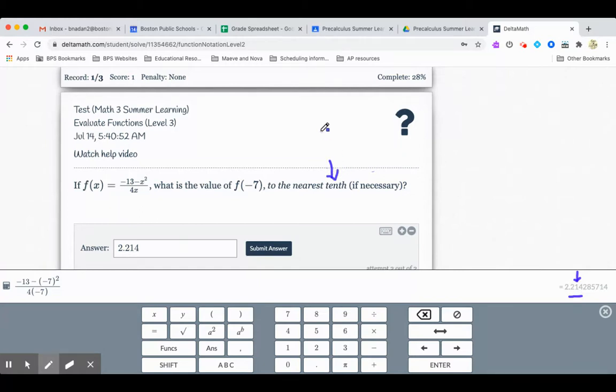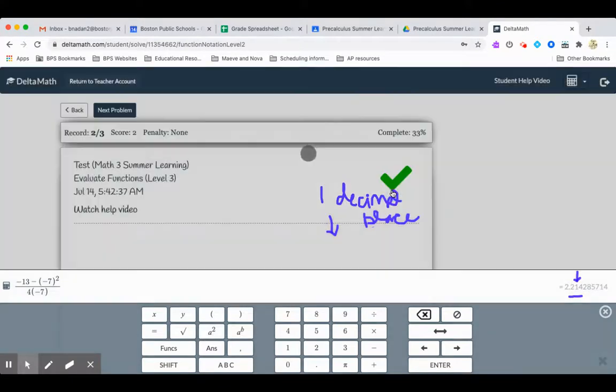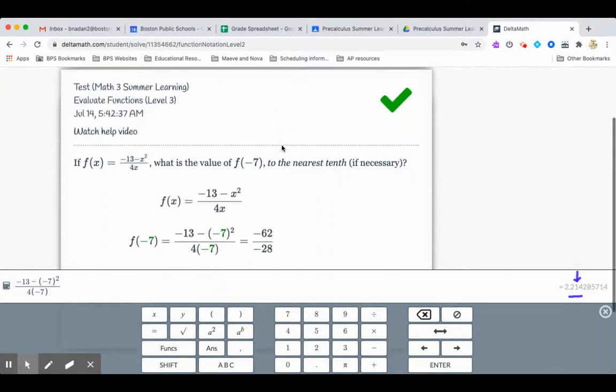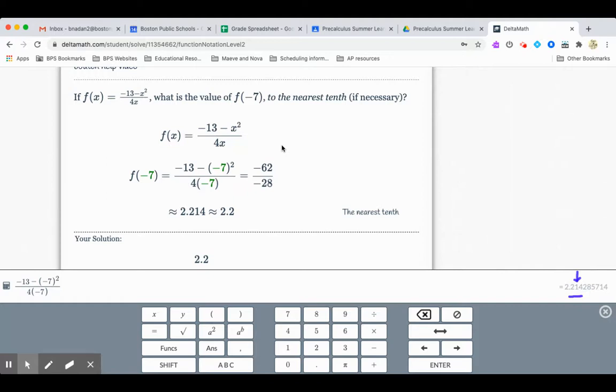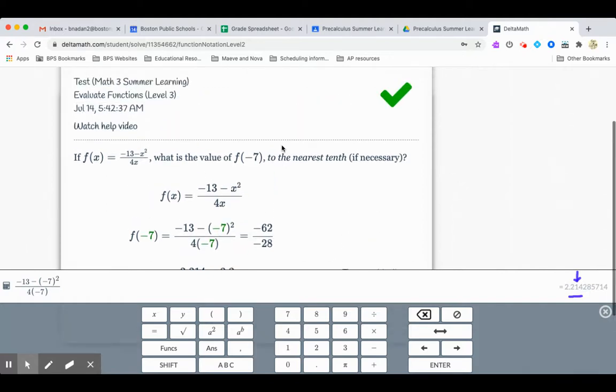This is 1 decimal place. Okay. So this would just be 2 point, because the 2 is followed by a 1. I don't round up, so let me just do that. Okay. Reading is fundamental. Hopefully this helps, and you're able to get all the problems you need to get done for the evaluating functions levels 1, 2, and 3.